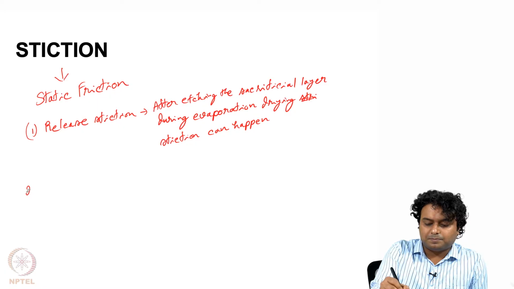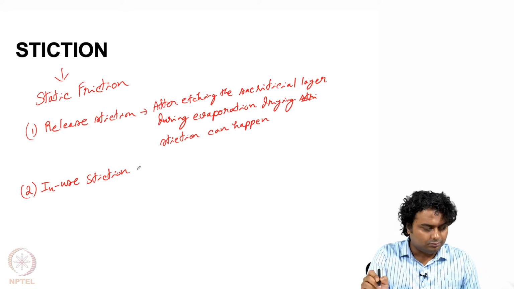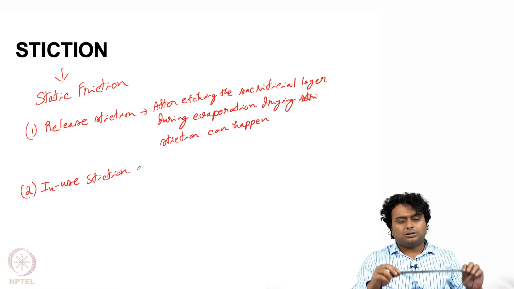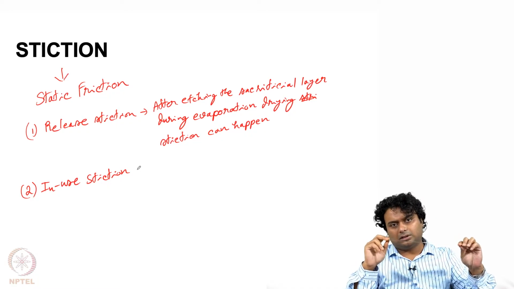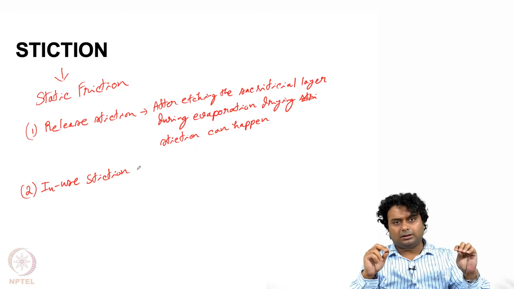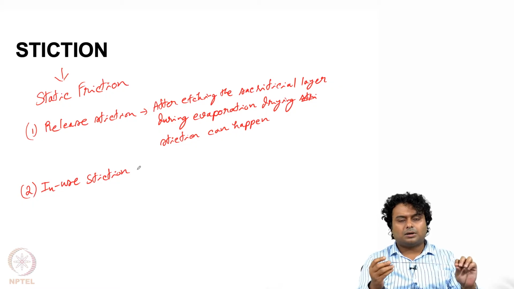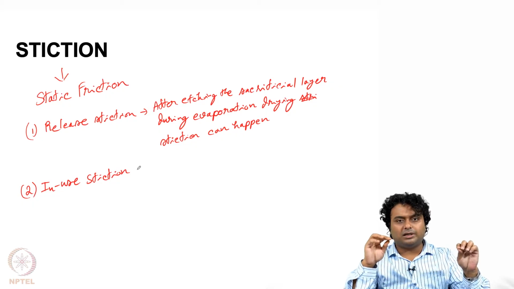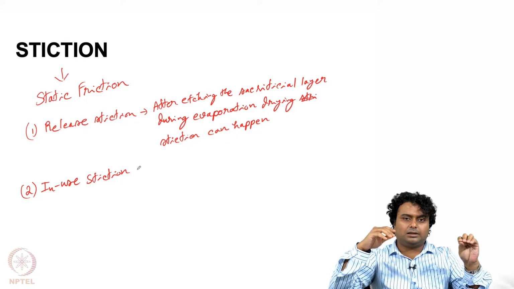Another type of reason may be in-use stiction. So, in-use stiction, let's say you have a now released cantilever. Now it is vibrating, right? Your application is such that it needs to vibrate. While we are electrostatically vibrating the cantilever, let's say somewhere we apply some higher voltage, and because of that it gets pulled in more than the critical gap, which it should not.